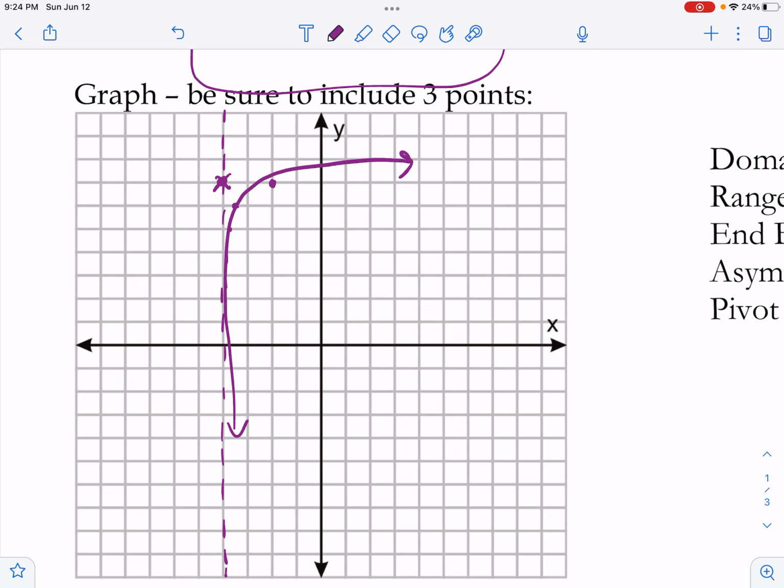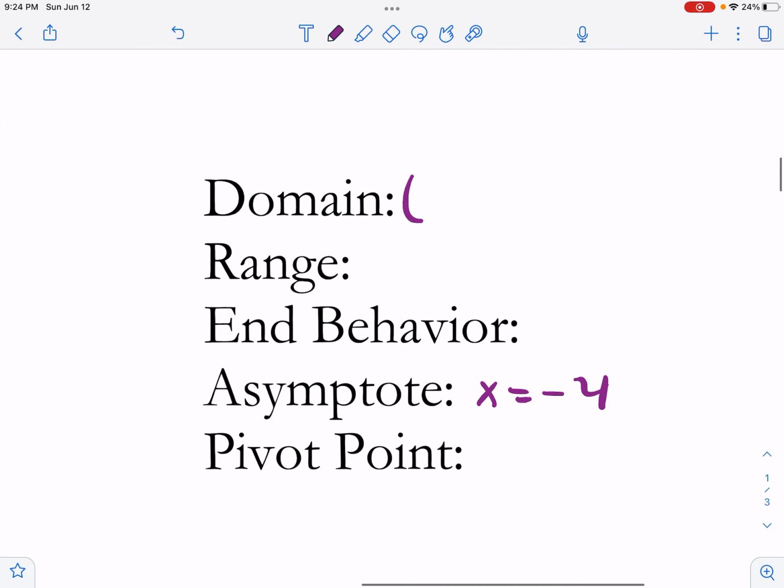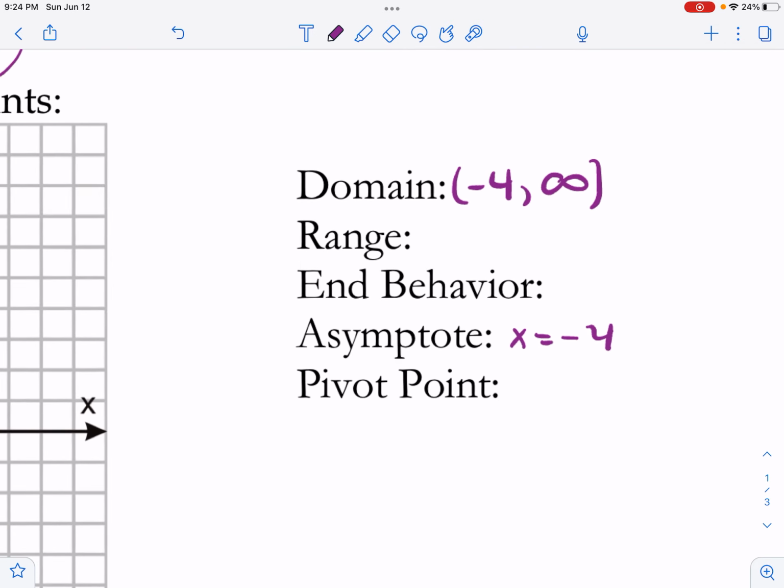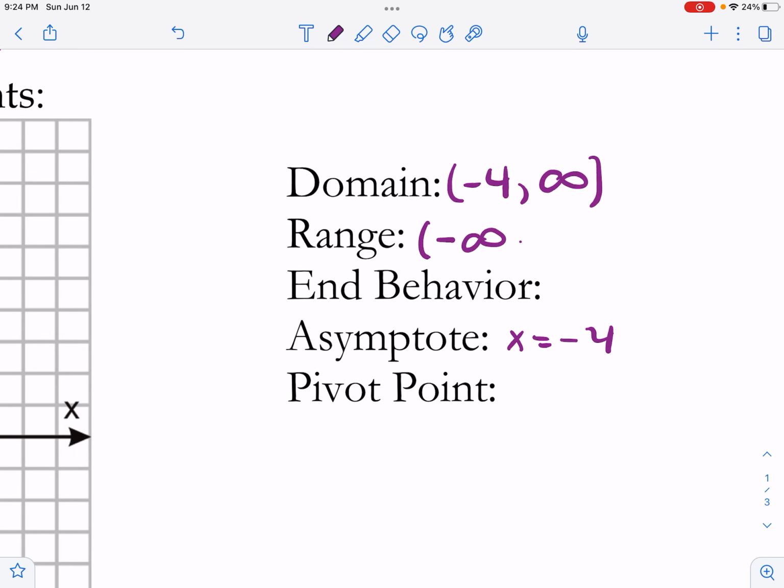So now we know that our domain is -4, infinity. And our range is -infinity, infinity.